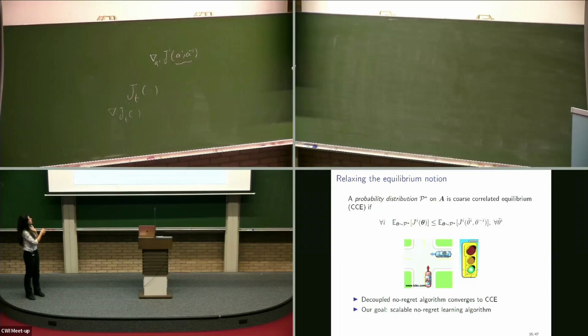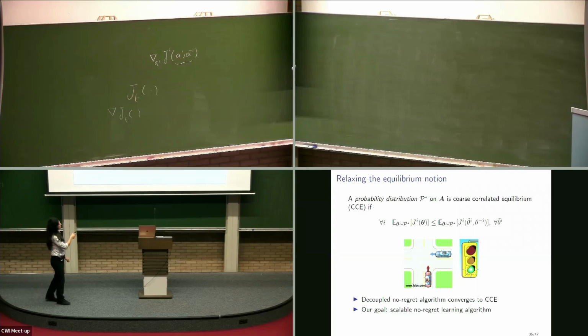Before, we looked at mixed strategy equilibria where each player randomized, choosing a probability over her finite actions. Now in a coarse correlated equilibrium, we also have randomization, but this is a probability distribution on the joint action sets of all the players. This P star is a probability distribution such that if you sample a joint set of actions from P star, then no player has incentive to unilaterally change their action.